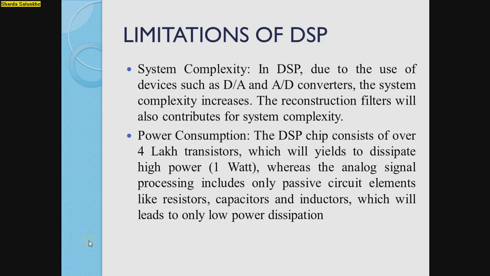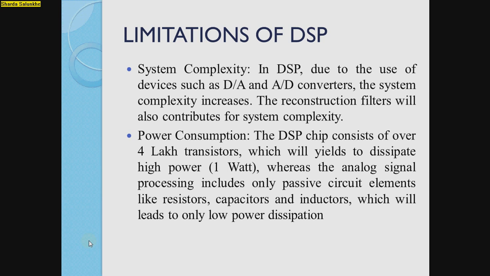Next, the limitations or some disadvantages of the DSP. DSP is a very complex system; system complexity is one of the disadvantages. In DSP, due to the use of devices such as the A to D converter or D to A converter, system complexity increases.